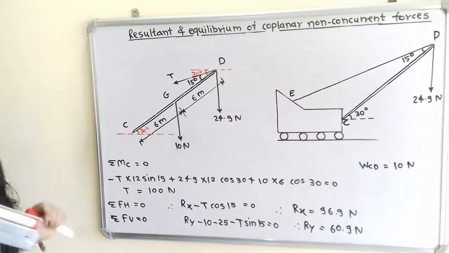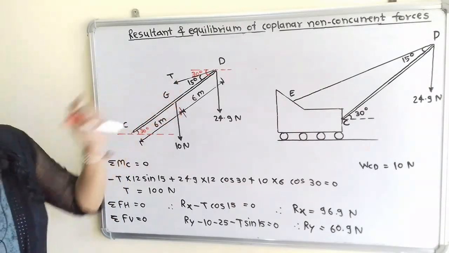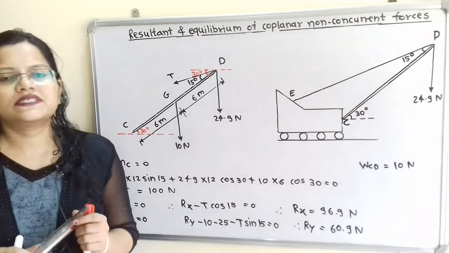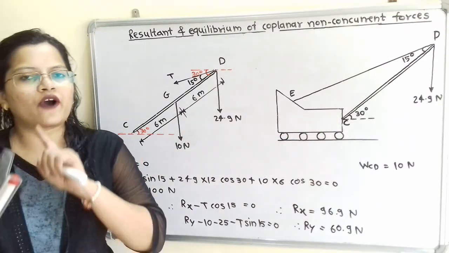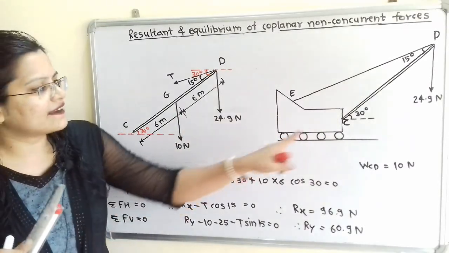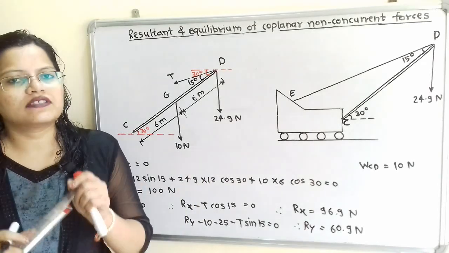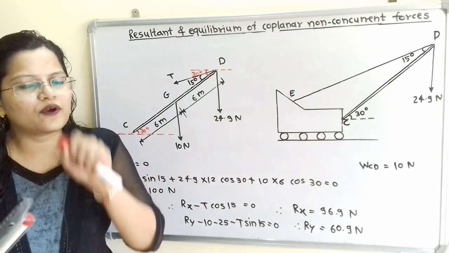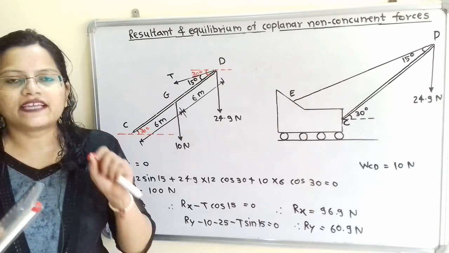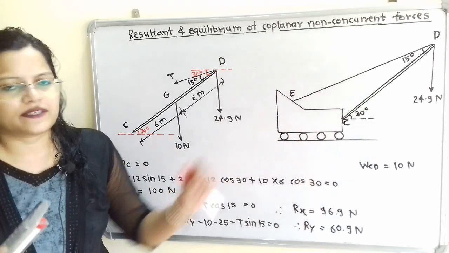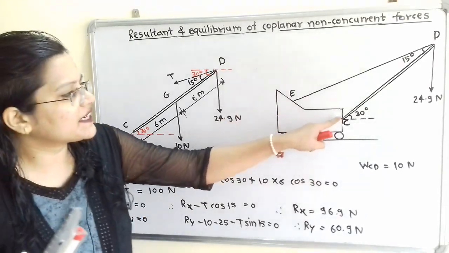Now we will move to find out the tension T developed in the cable. Beam CD is hinged at point C and we have to find out the reaction developed at this point C. So how to find it out? We will first take the horizontal component and vertical component of the reaction at this point C. Because this point C is hinged, that means it is free to rotate.